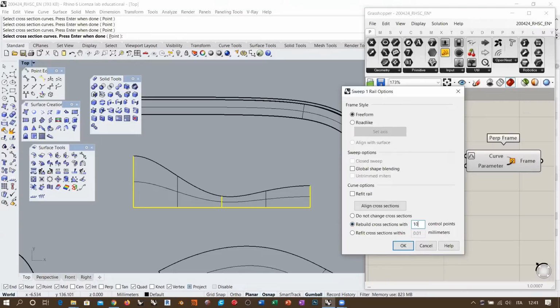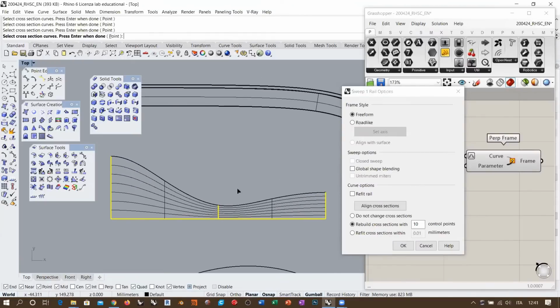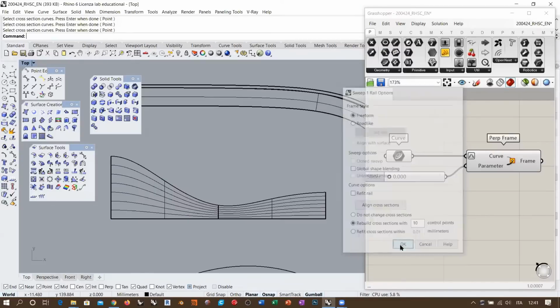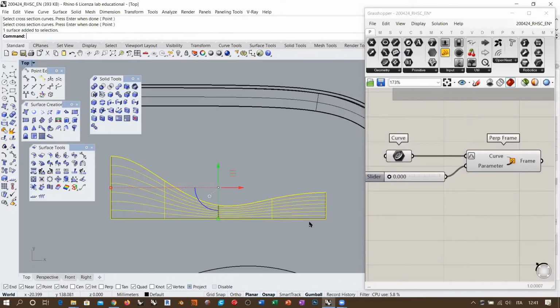But if you take more control points, you will have more longitudinal isocurves. Remember, you do this only if you need it. It's not because having all these lines visible is nice visually; if you don't need it, don't do it.